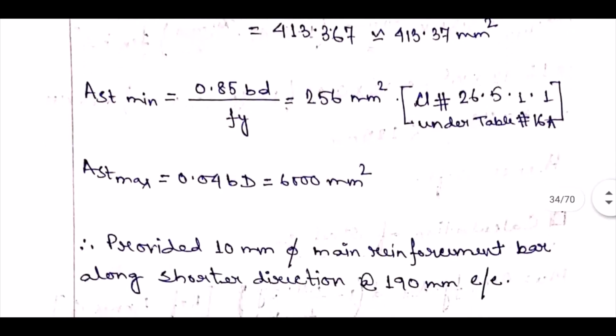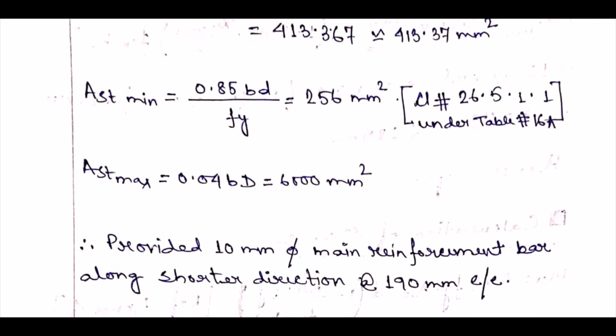So we can provide 10 mm main reinforcement bar along shorter direction at the rate of 190 mm center to center. But let's check once the clause number 26.5.1.1, this condition.